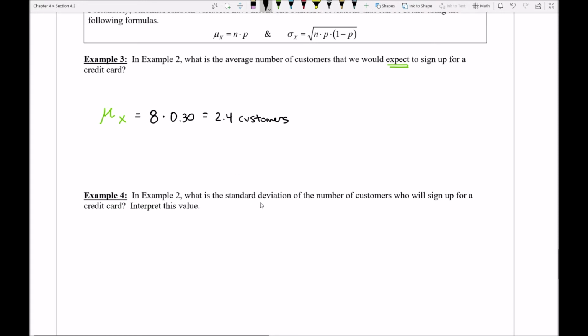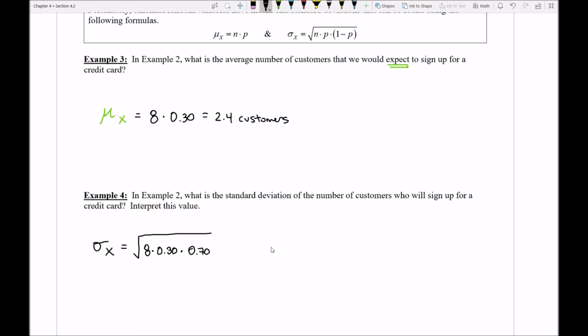Let's take a look at the standard deviation now. The standard deviation for the number of customers who will sign up for a card can be found by computing the square root of n times p, so that's 8 times 0.30, times 1 minus p. Notice that if p is 0.30, then 1 minus it should just be 0.70, and so I'll simplify that down right there.